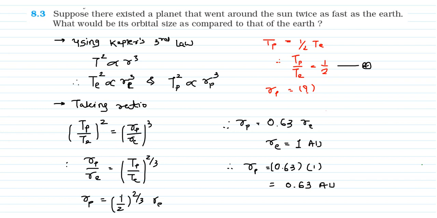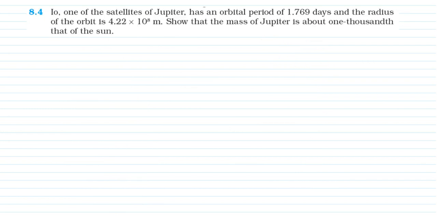Next sum 8.4. One of the satellites of Jupiter has an orbital period of 1.769 days. That is the periodic time for Jupiter's satellite, 1.769 days.